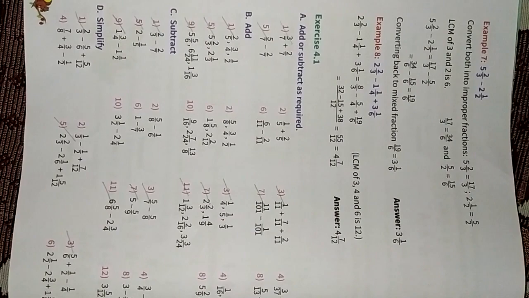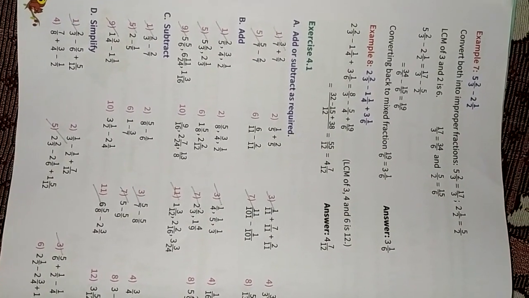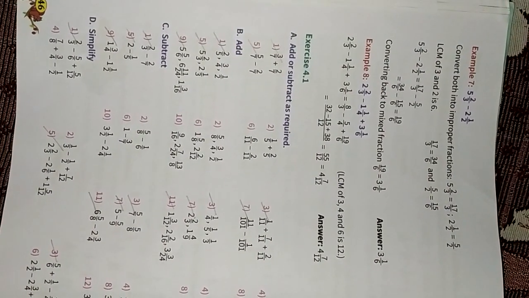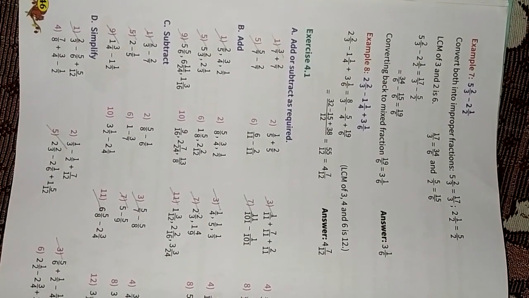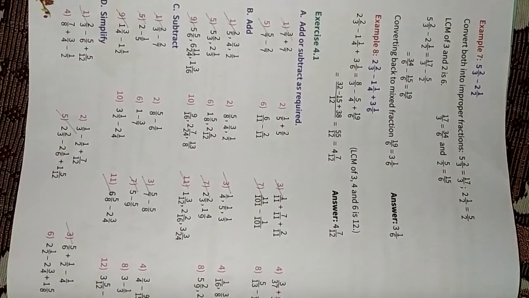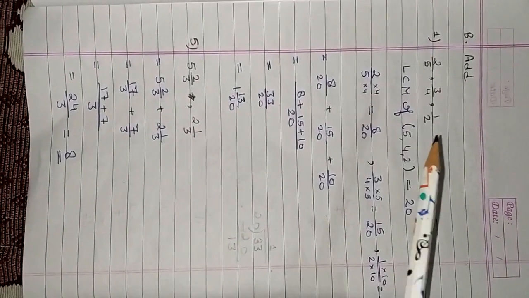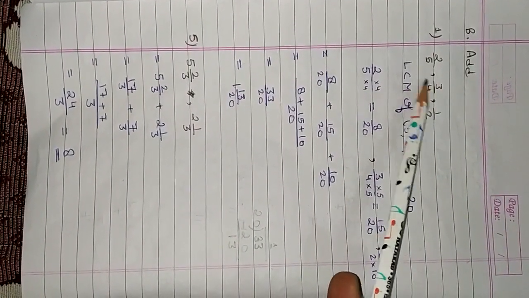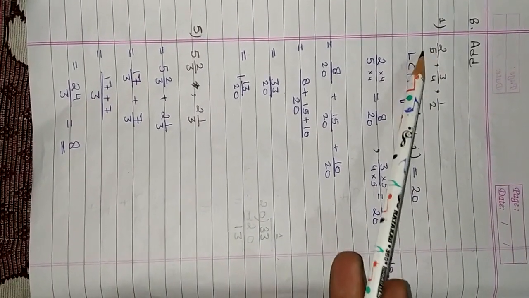Now question number 2. Add, first question, 2 by 5, 3 by 4 and 1 by 2. We have to add these fractions. Just look at the fractions 2 by 5, 3 by 4, 1 by 2.